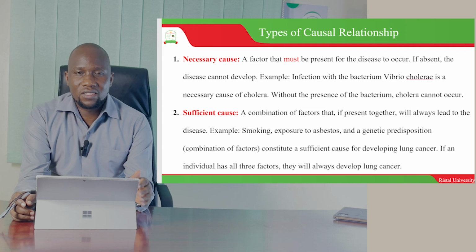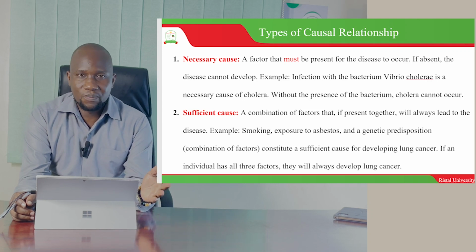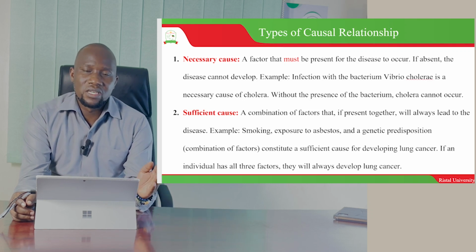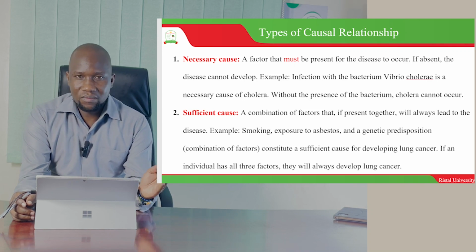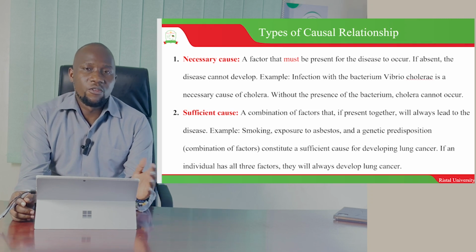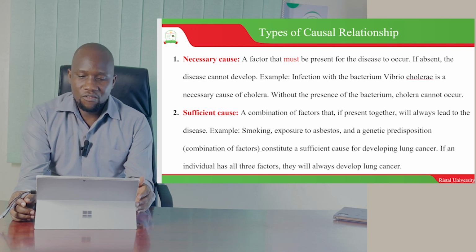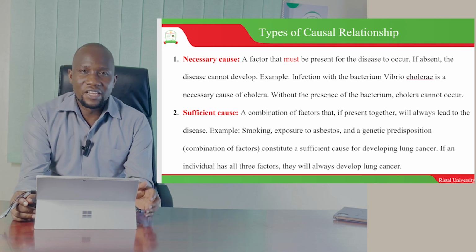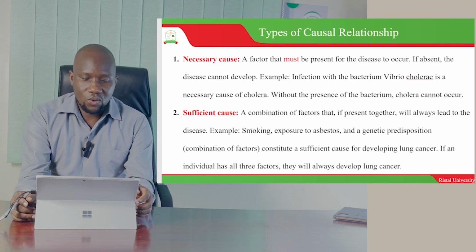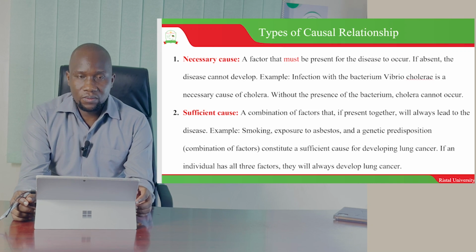Whether it is vivax or whatever species of plasmodium you're talking about, it should be present, and we call that a necessary cause. Okay, so in this case, if a person is having cholera, then Vibrio cholerae, the agent causing this condition, should be there, and that is what we call a necessary cause.